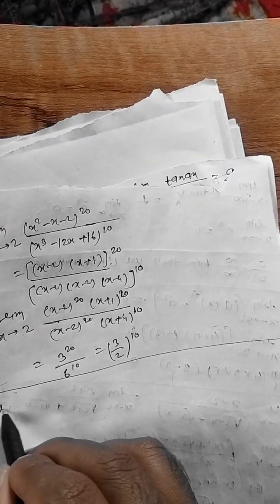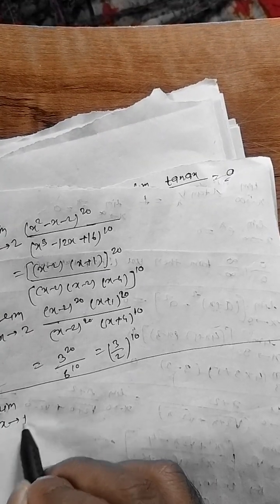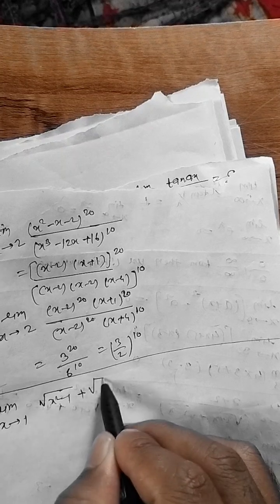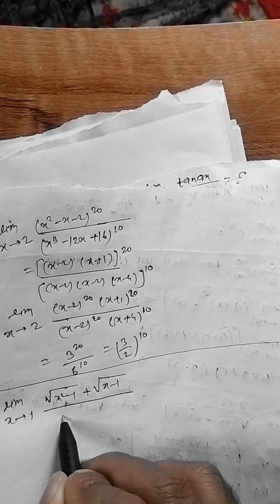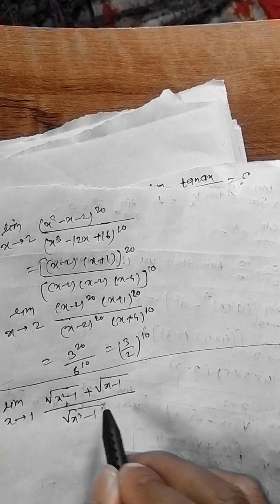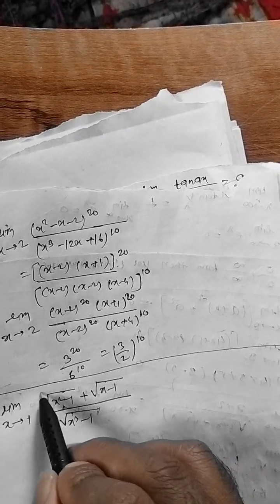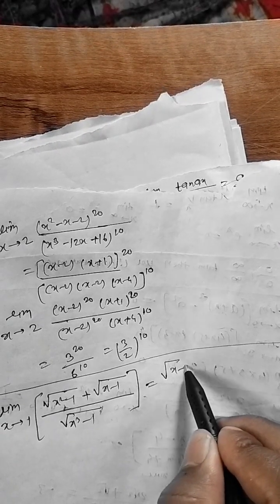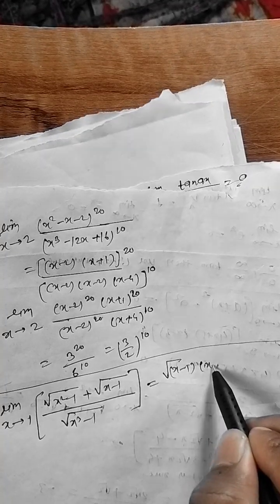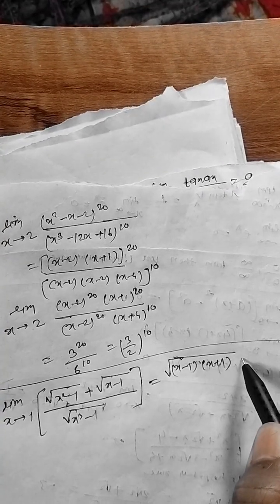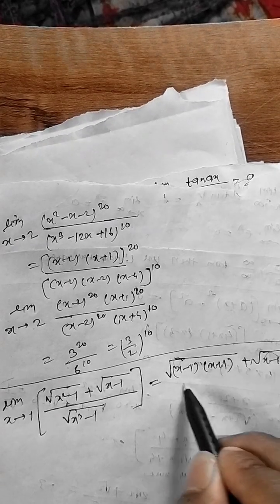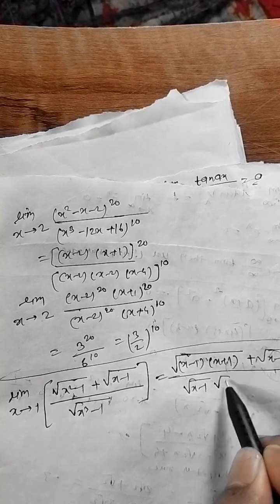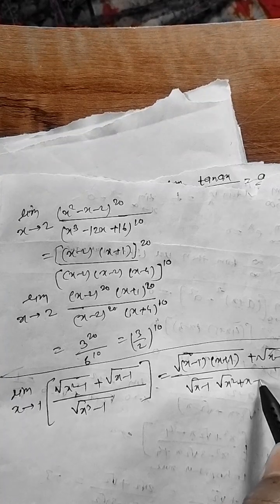Next problem is limit x tends to 1 of (square root of x square minus 1 plus square root of x minus 1) upon x cube minus 1. This is (square root of x minus 1)(square root of x plus 1 plus 1) upon (x minus 1)(x square plus x plus 1).